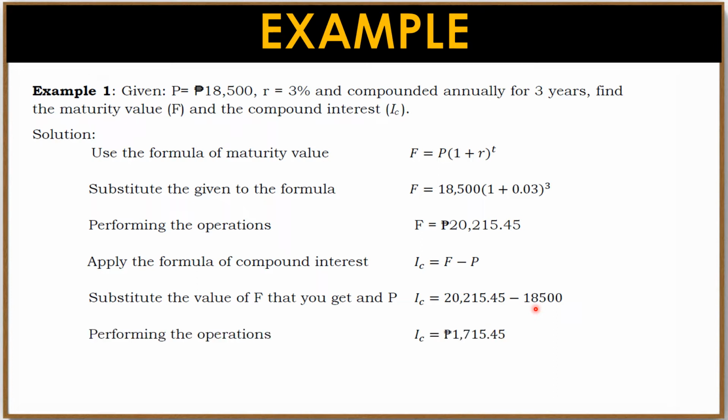Let us perform the subtraction, and you will get 1,715.45. So this is the compound interest after 3 years, and this 20,215.45 is the maturity value.